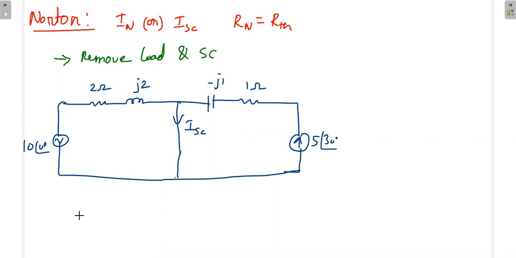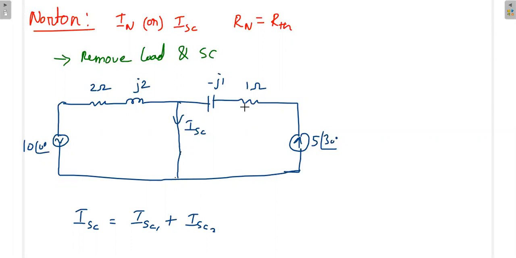So I short circuit, I can split into two parts: I short circuit 1 and I short circuit 2. That means the current here due to this voltage source, and the current here due to this current source. Once I activate this voltage source, I have to deactivate the other source, removing its effect. So this is open circuit, and this element will be hanging, so no current will flow across this element.